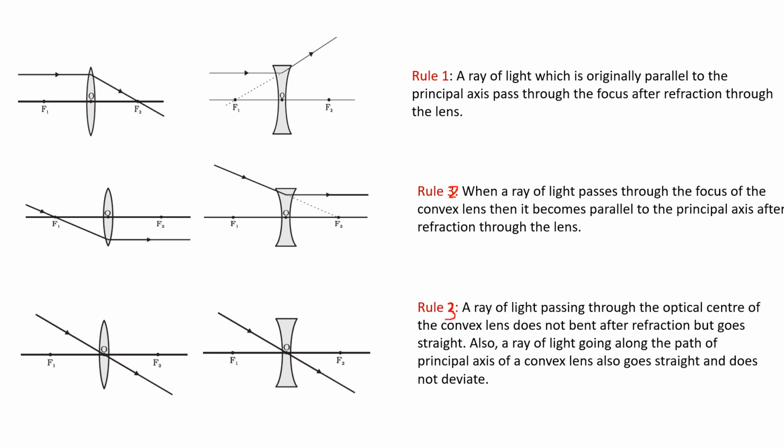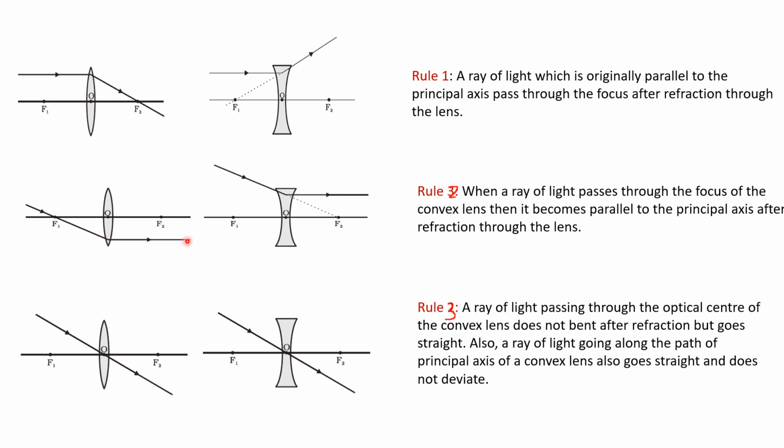In rule number 2, when a ray of light initially passes through the focus to the convex lens, it becomes parallel to the principal axis after refraction. You see that this ray is no more going in this direction. It is parallel to the principal axis.